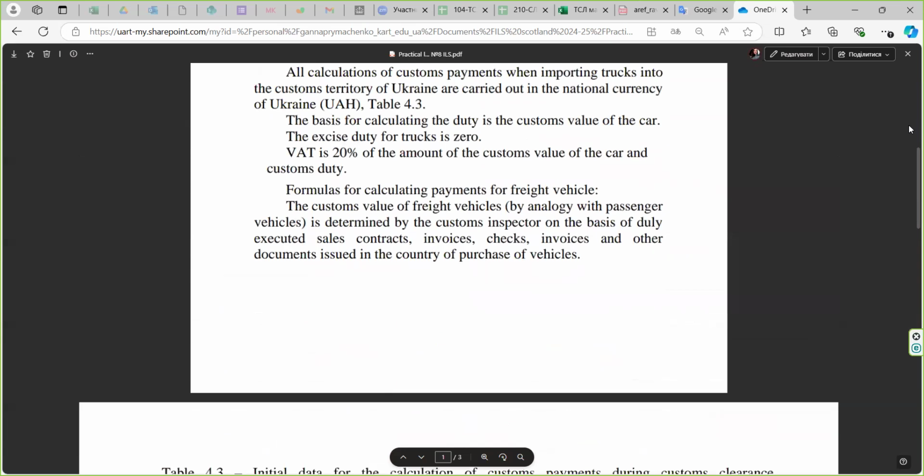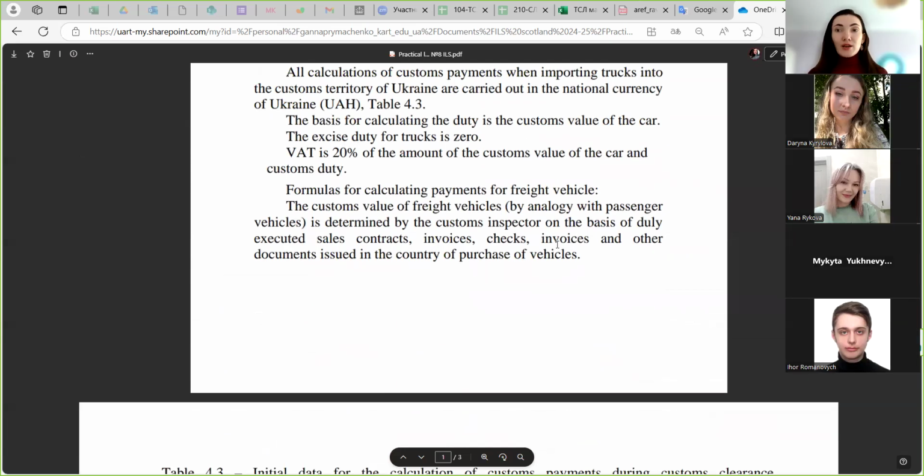At the last on this page, we have this information. It is the customs value of each vehicle. By analogy with passenger vehicle, also we already used this information, it is determined by the customs inspector on the basis of duty executed, sales contracts, invoices, checks, different types of invoices also, and other documents issued in the country of purchase of vehicles.